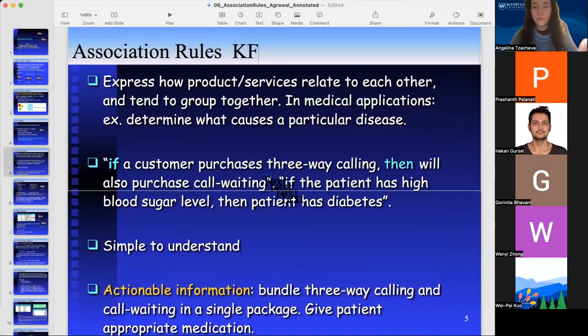If we have product A, then we have product B.